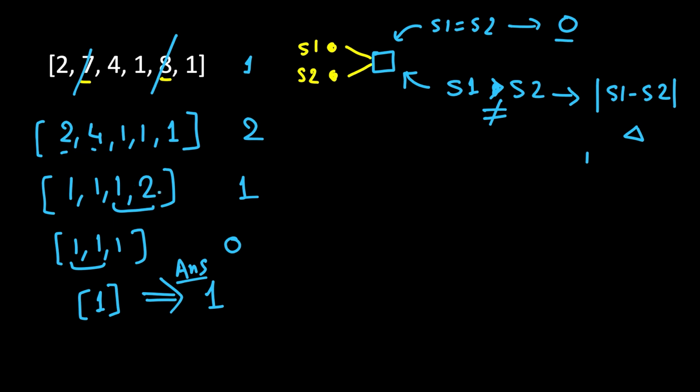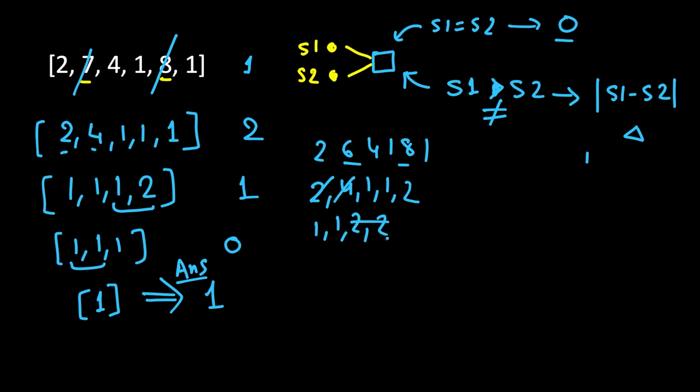Then 4 and 2, the difference would be 2, so we get 2, 1, 1, 2. Then 2, 2 gone, 1, 1 gone. So nothing is left. It's empty, so we will return 0. So either the answer will be 0 or 1, depending on whether the last stone remained or not.